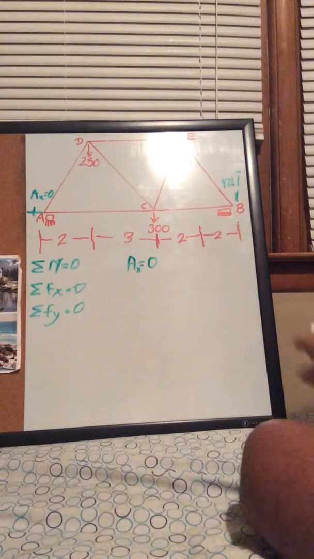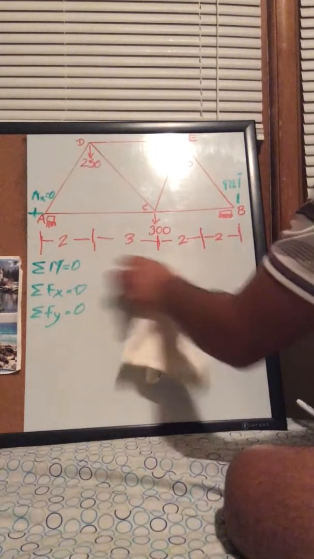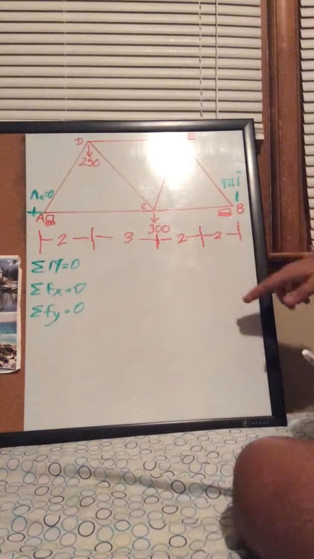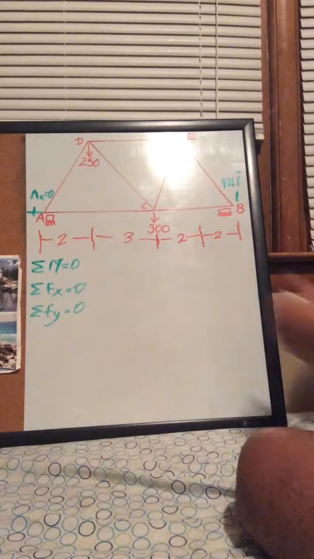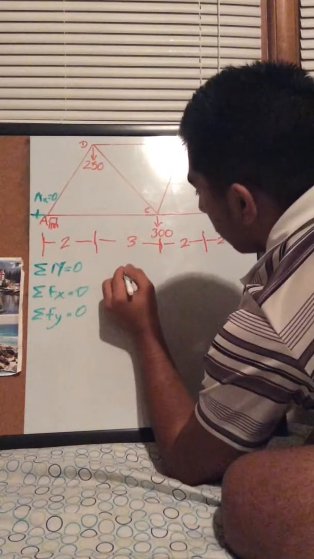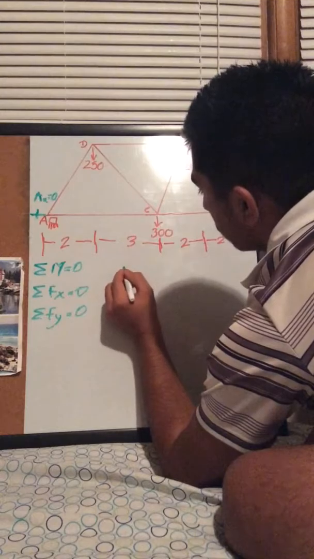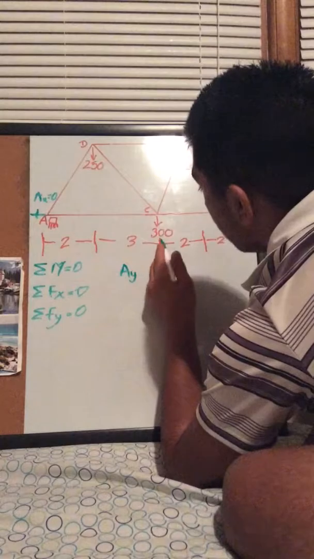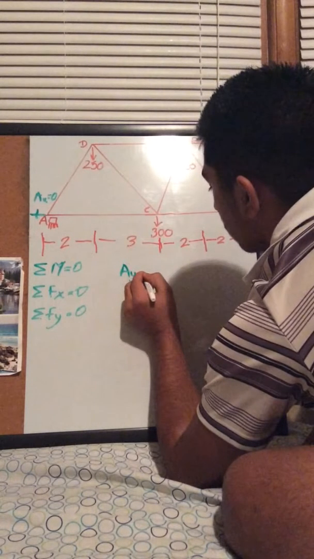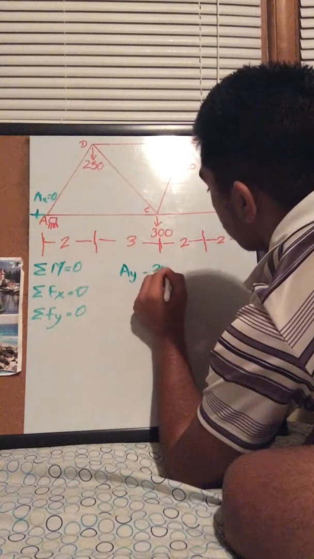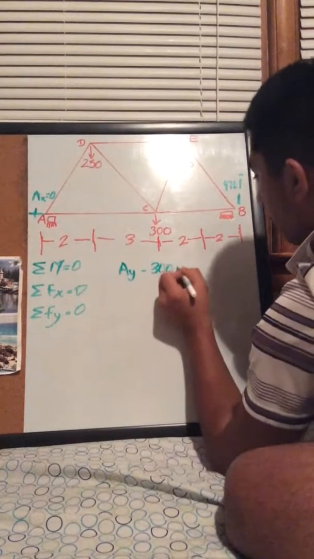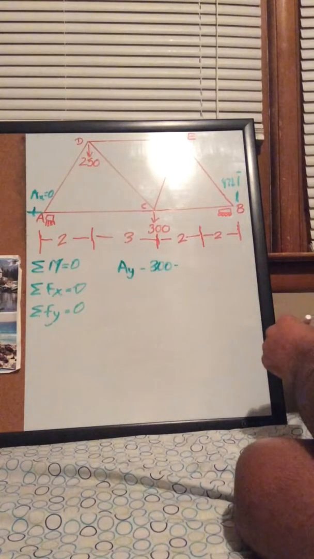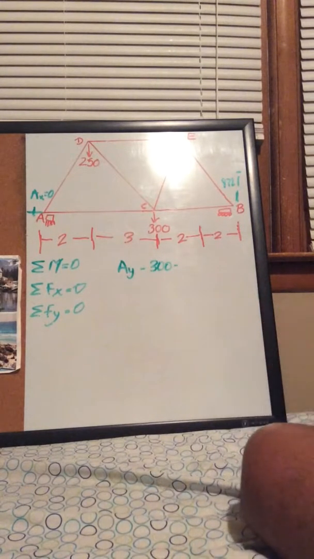And now we have to find AY. To find AY, we know the sum of all y has to be 0, and AY is the only variable right now. So we can just do AY. That's positive. This is coming down, it's negative. So minus 300, minus 250 and 320. That will give us 570.